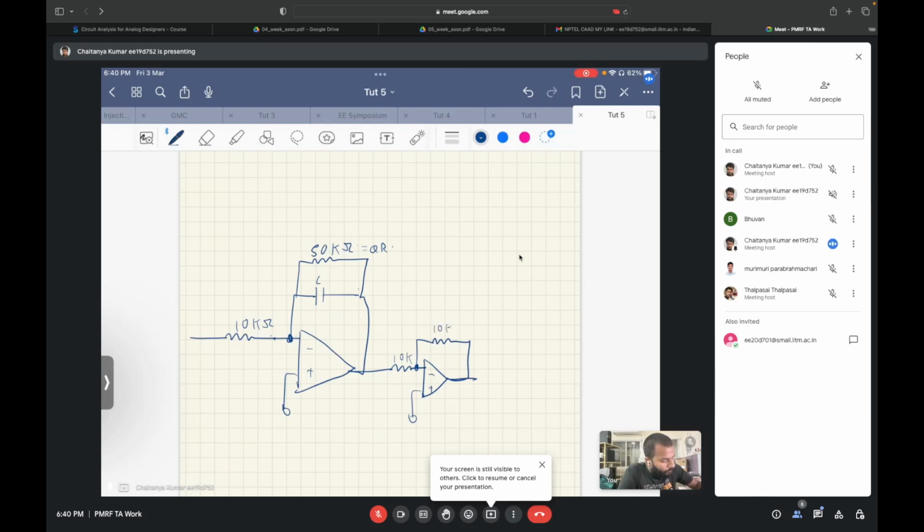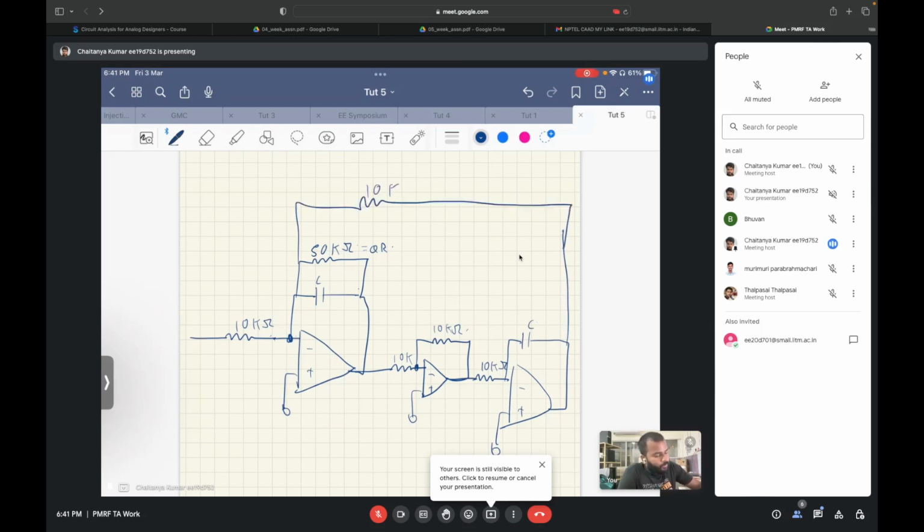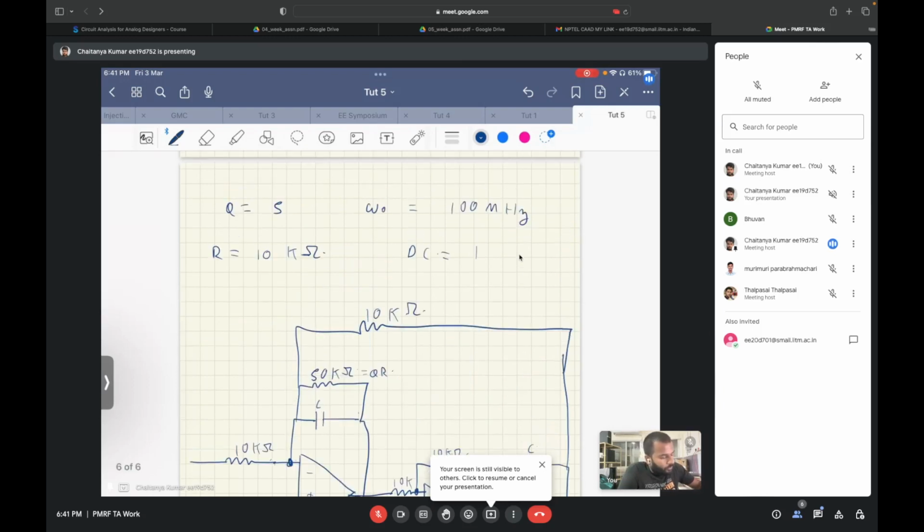So these will also be 10 kilo ohms, and then again a 10 kilo ohm, and then the feedback resistor over here of 10 kilo ohm.